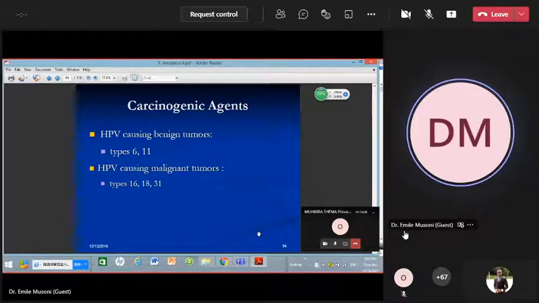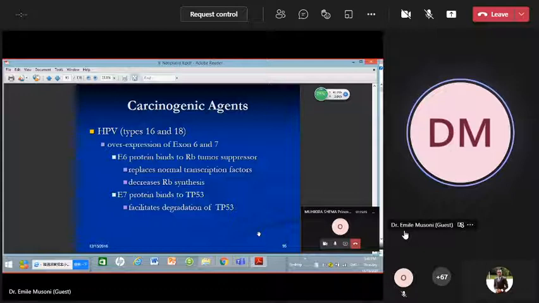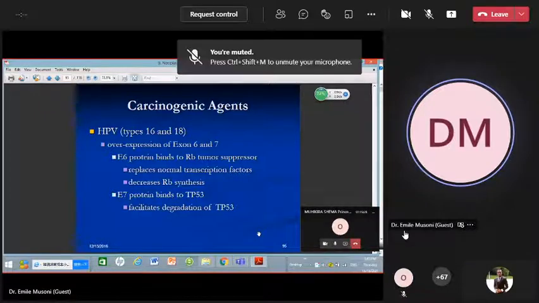Types 16, 18, 31 of HPV are carcinogenic. Overexpression of E6 and E7. This can be found in retinoblastoma.